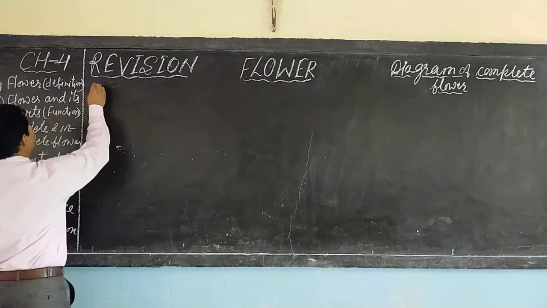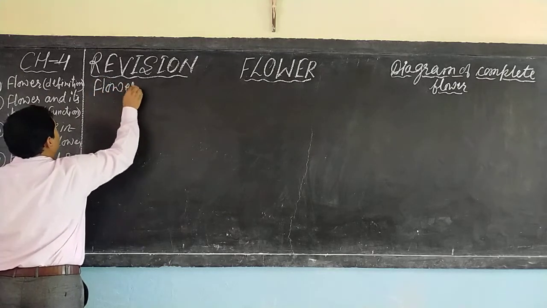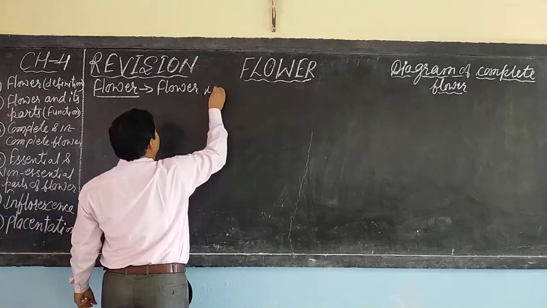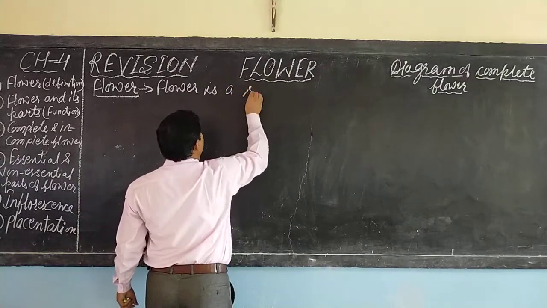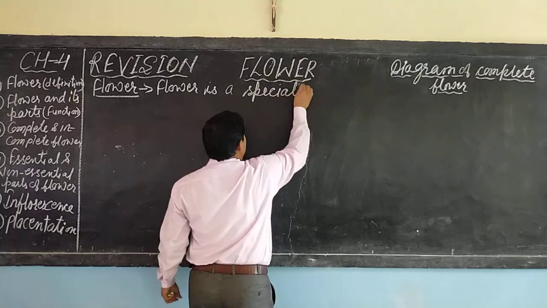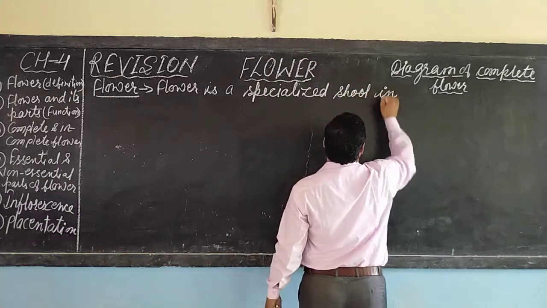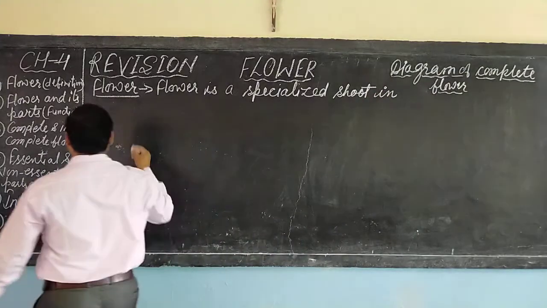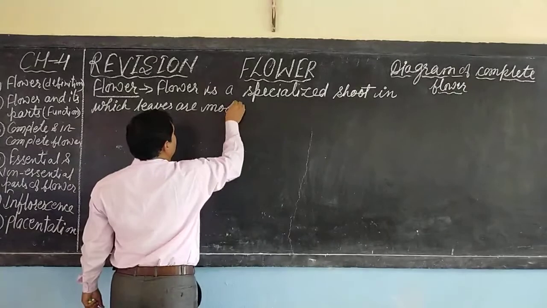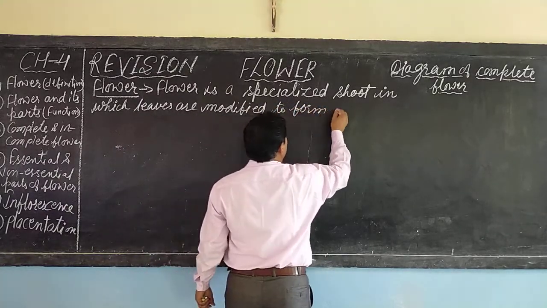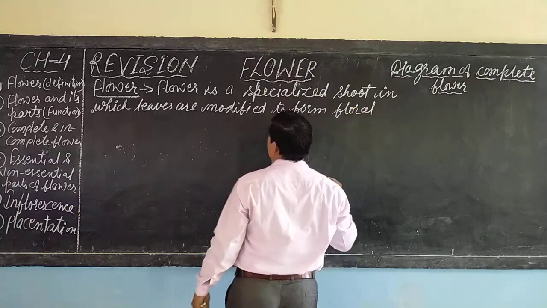So, flower is a specialized shoot in which leaves are modified to form floral structures.